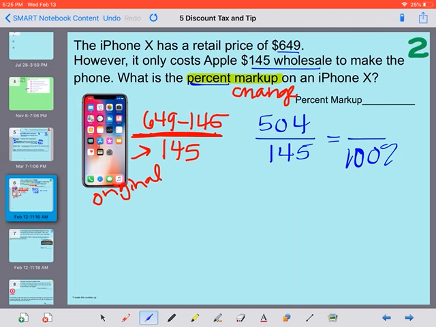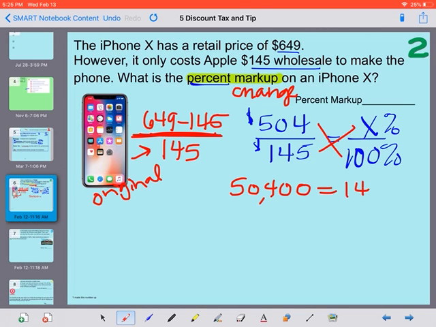Or you can cross multiply and figure out what percent it changed if those were our dollar amounts. I'm going to just cross multiply because I already set it up nicely. 504 times 100 is 50,400, and 145 times x is 145x.